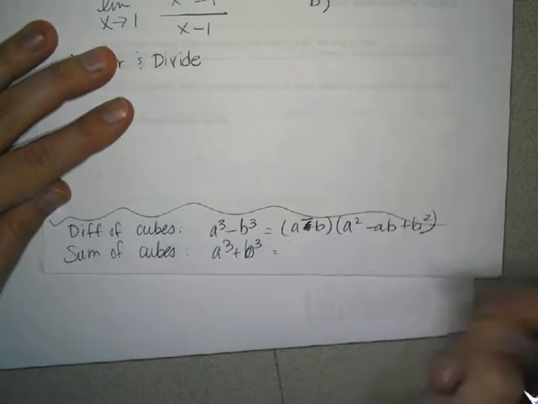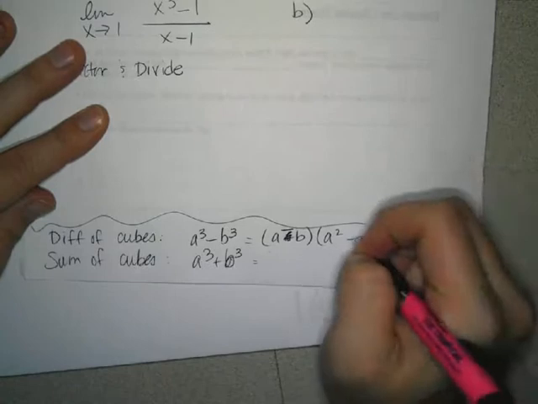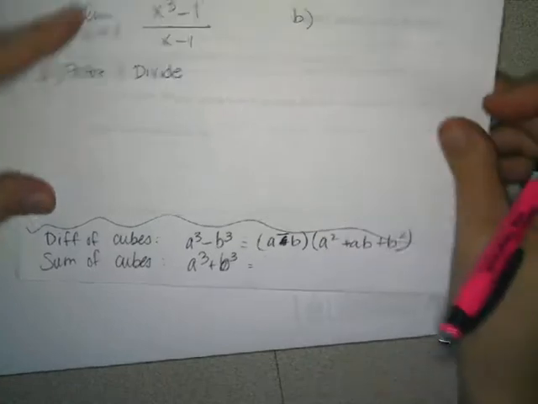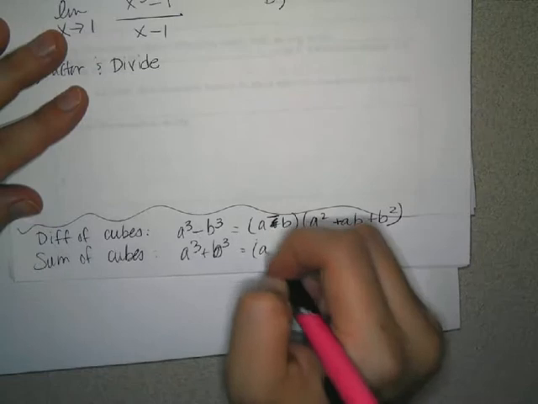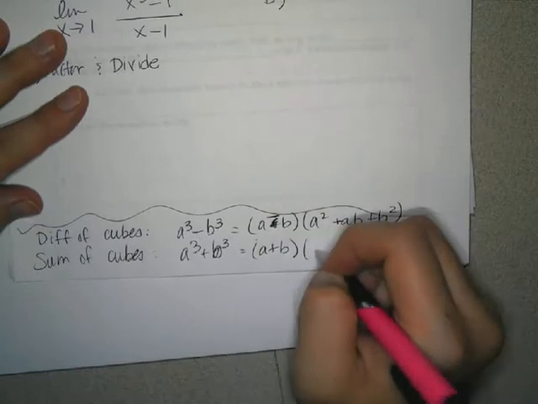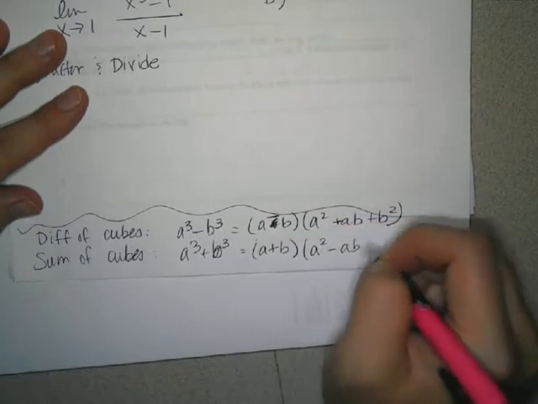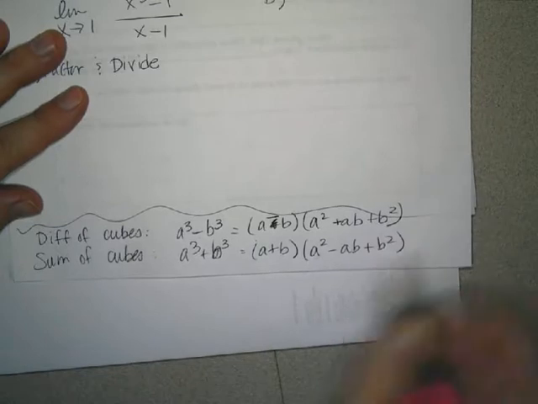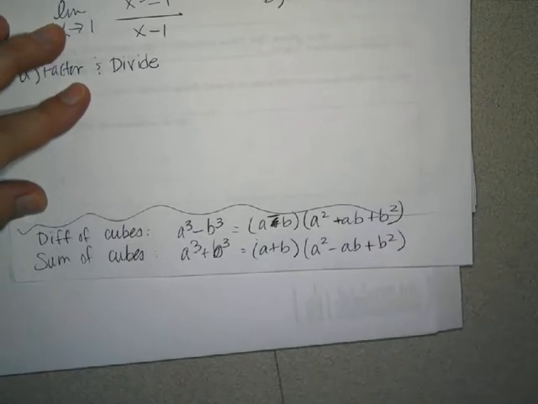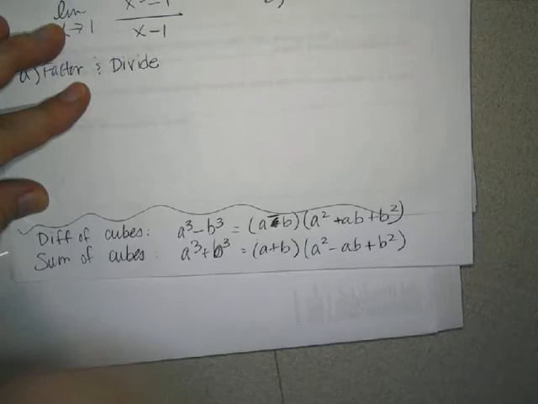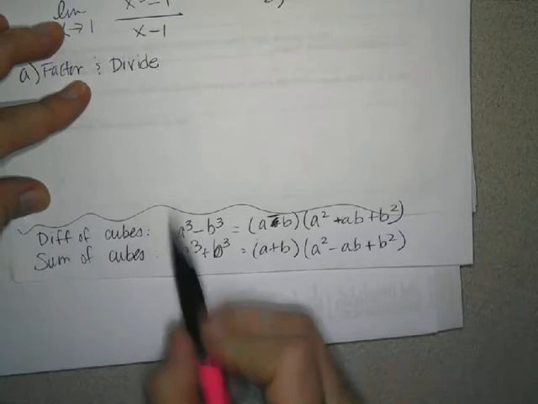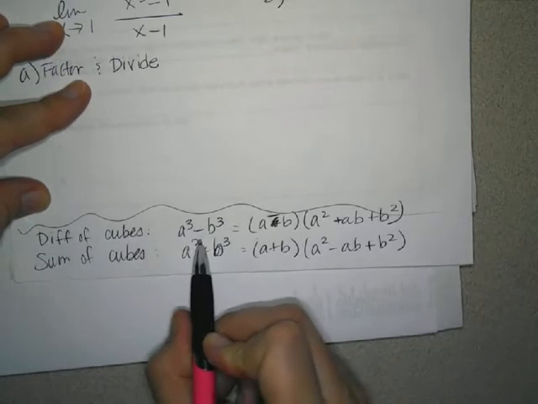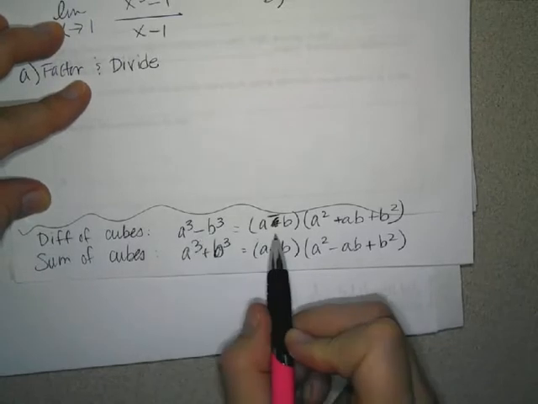I had them written in a different order over here. I was just copying. Because here this would be a plus b, and then a squared minus ab plus b squared, because the signs flip-flop. So when you have a minus in between the difference of cubes, the minus should be in the first factor here.